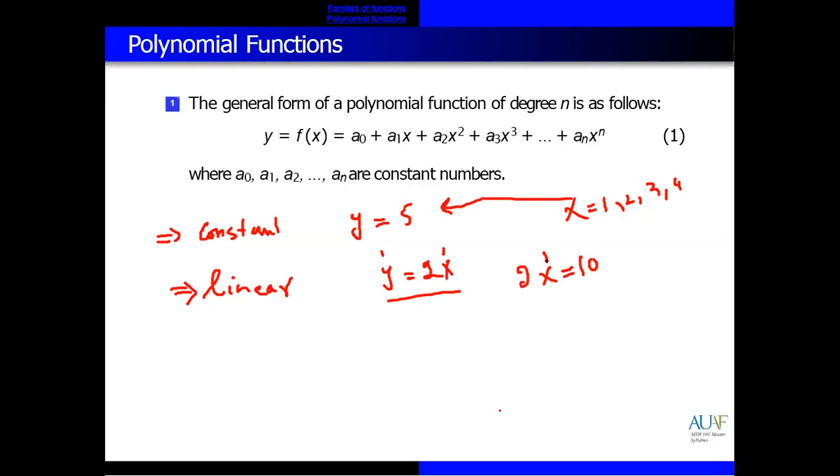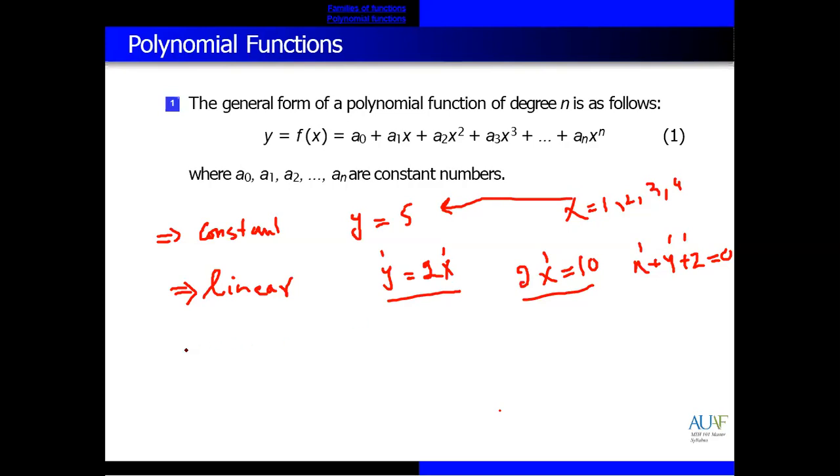Any function having variable power 1, not greater than 1, is called linear. So the first one is with two variables, the second one is with one variable. If you write x plus y plus z, this is also a linear equation, but with three variables.